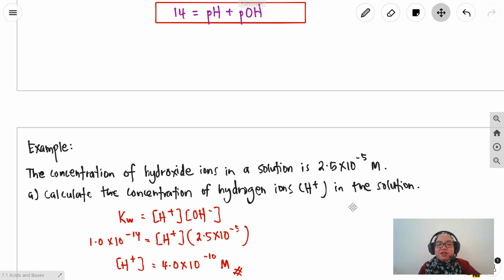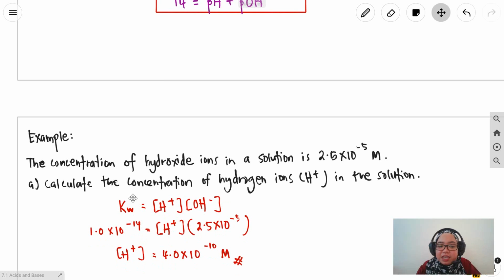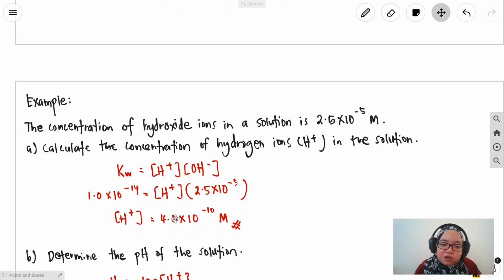Okay, it gives us the hydroxide ion, and we have to find the hydrogen ion. So we can find it using the Kw from earlier. We know the value of Kw, right? And we know the value of hydroxide ion. So can we find the hydrogen ion? Yes, we can find the concentration of hydrogen ion now.